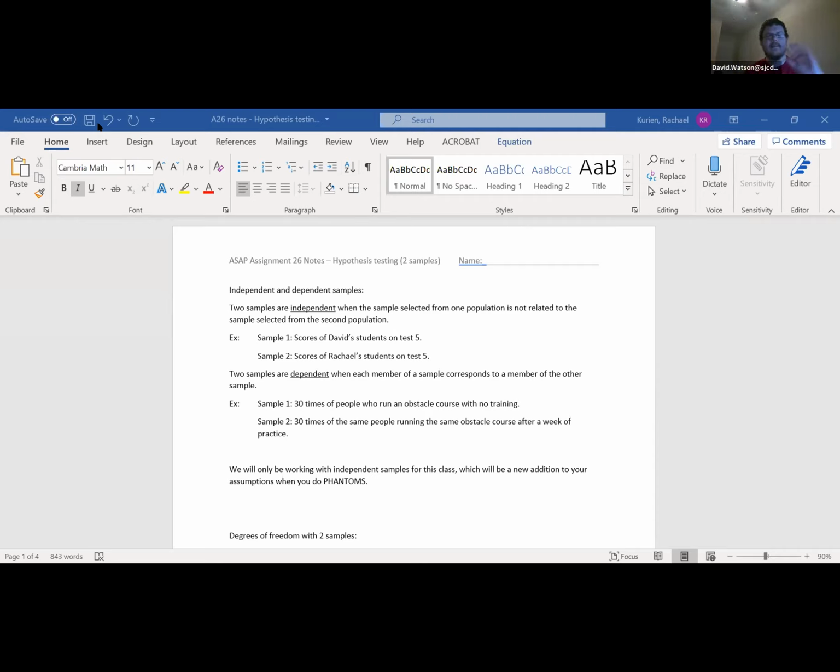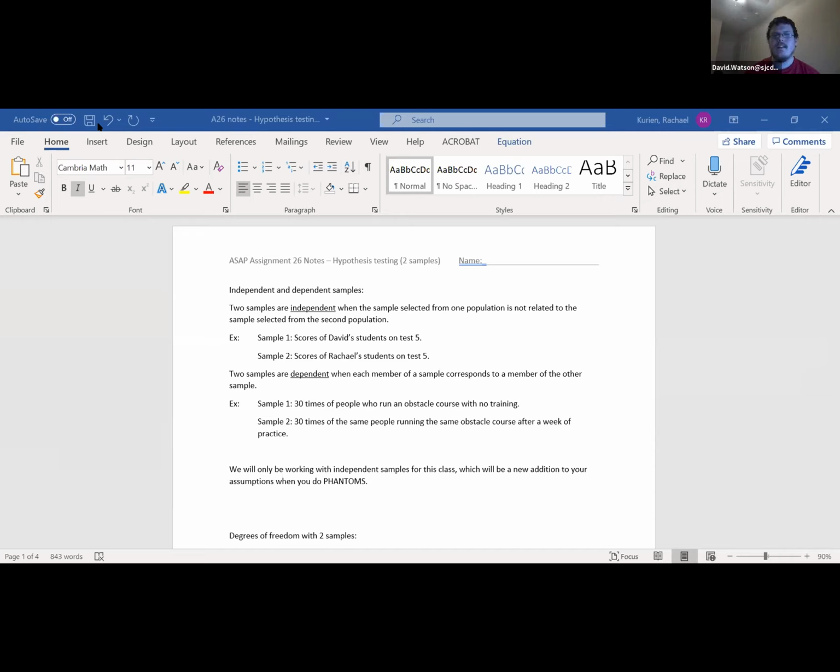But so either way, those two scores aren't related to each other. Something can happen to one of the scores and it doesn't affect the other, so they're independent. Now, two samples are dependent when each member of a sample corresponds to a member of the other sample. So for example, if sample 1 is 30 times of people who run an obstacle course with no training, and sample 2 is 30 times of the same people running the same obstacle course after a week of practice.